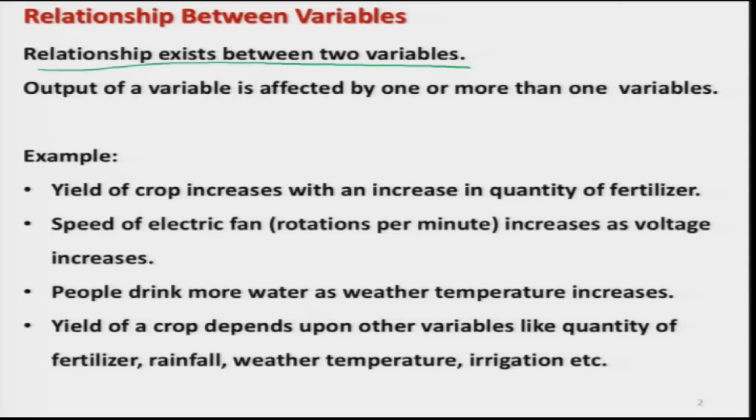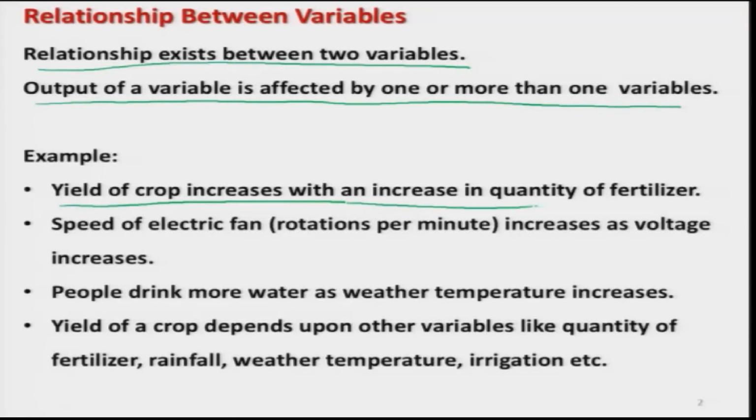And in this type of relationship, we assume that the outcome of a variable is affected by one or more than one variables. For example, the yield of a crop increases with an increase in the quantity of fertilizer. Similarly, in case you observe the phenomenon of an electric fan, whenever we try to increase the speed, how is it done?